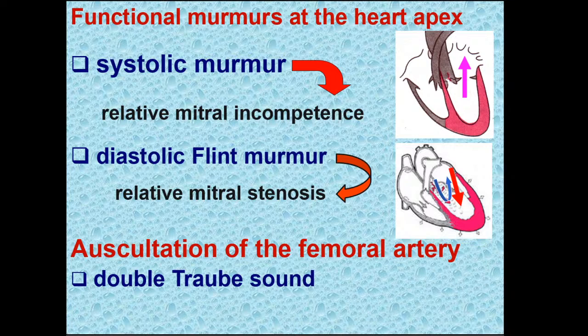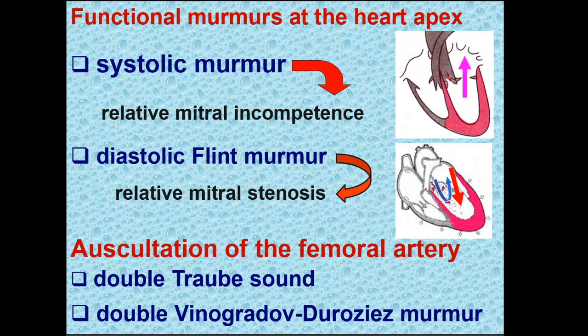And if we slightly press the stethoscope, we can hear the double Vinogradov-Durozier murmur. We'll hear normal and abnormal, reversed blood flow through the artificially narrowed femoral artery. The mechanism of both phenomena I explained to you when I spoke about auscultation of peripheral vessels.